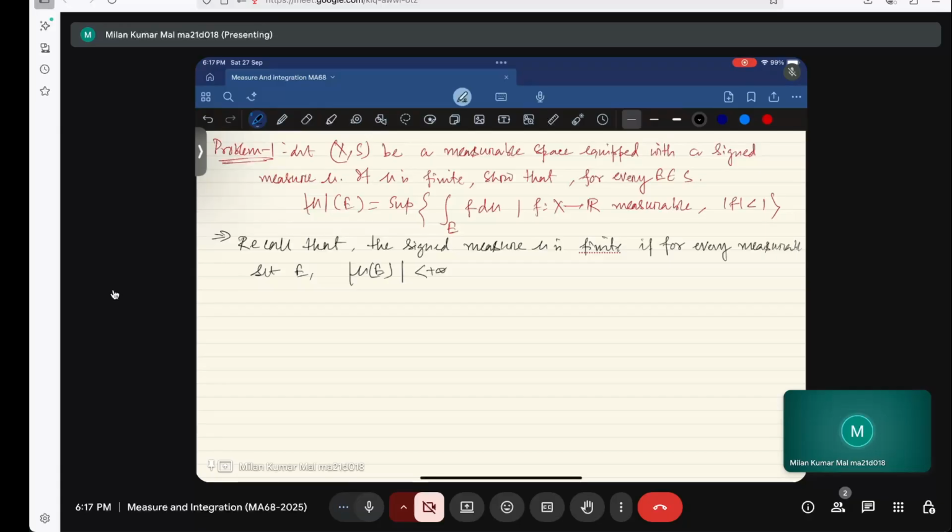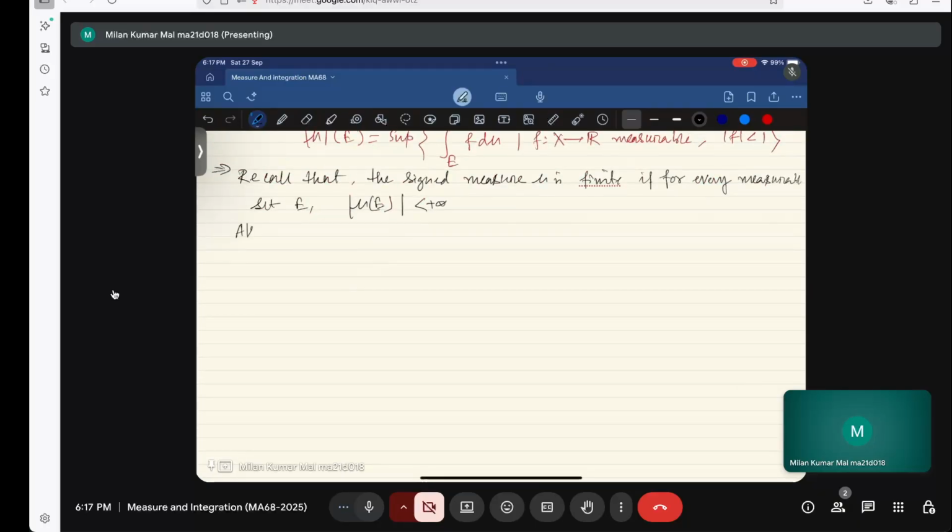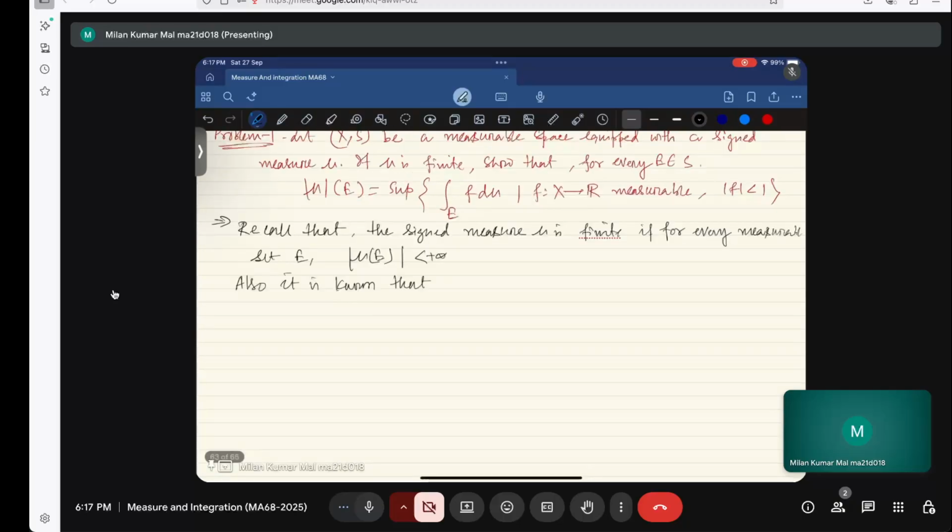Also it is known, by the Jordan decomposition, that mu can be written as mu plus minus mu minus, and mod mu is equal to mu plus plus mu minus.